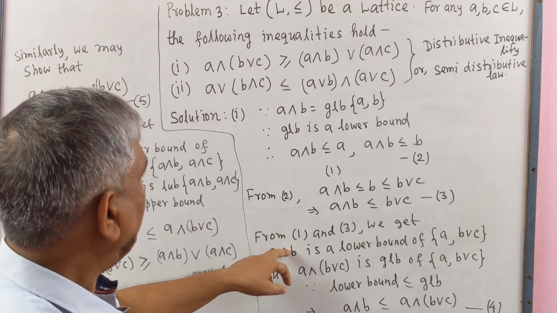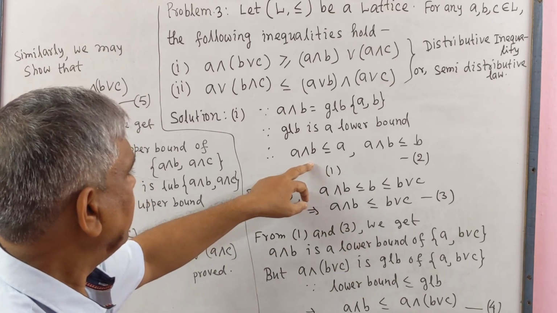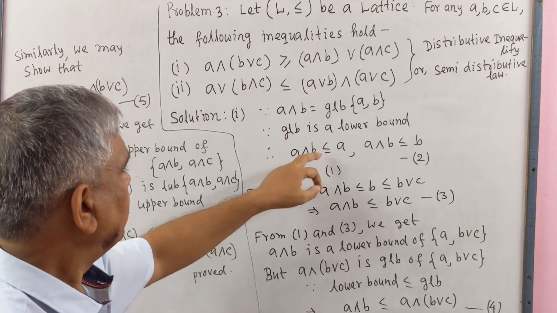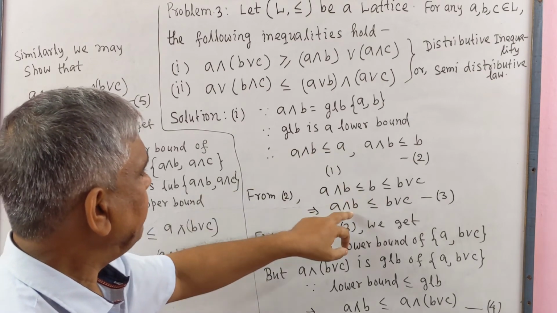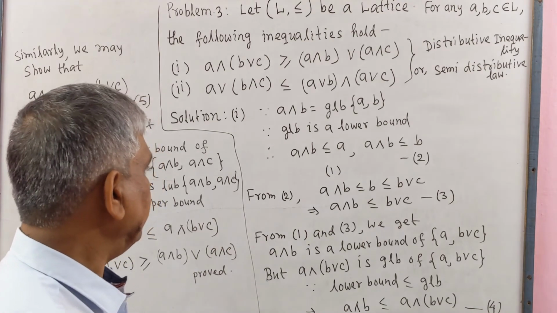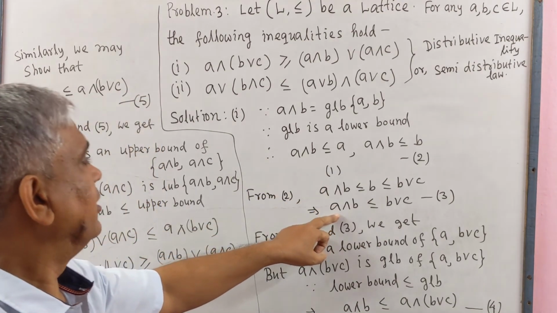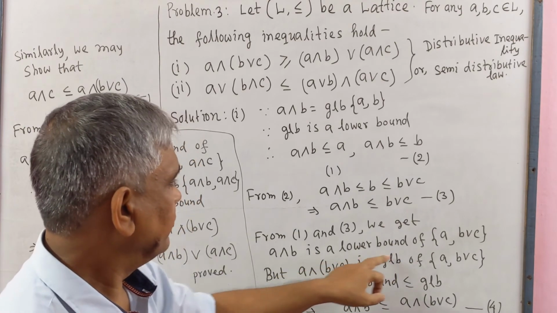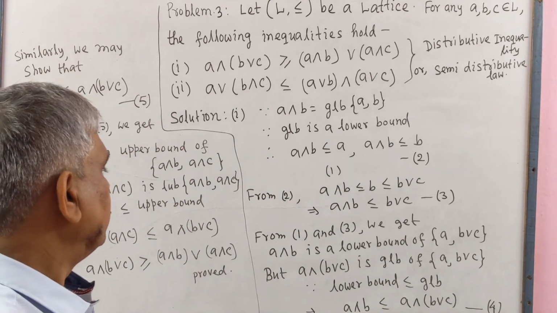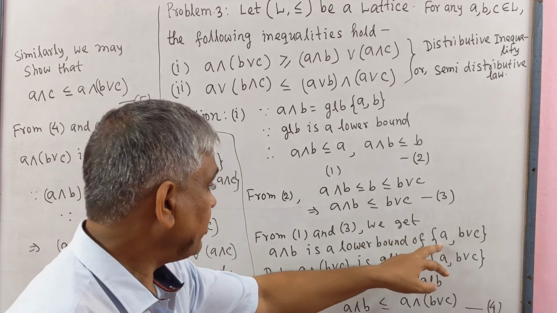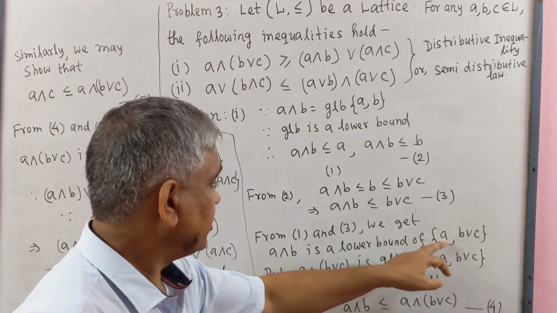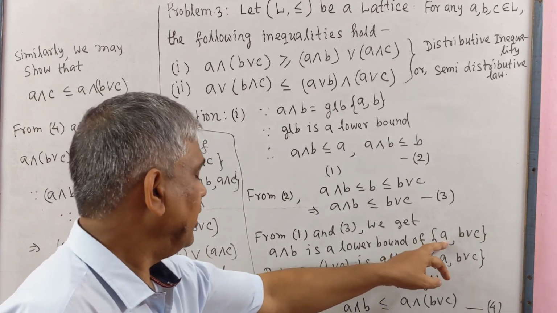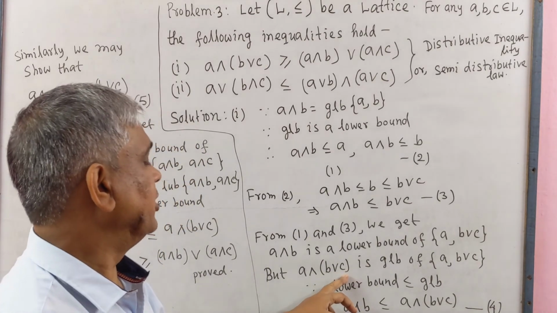From 1 and 3, on the left side we have A ∧ B in both: A ∧ B ≤ A and A ∧ B ≤ B ∨ C. Therefore, A ∧ B is a lower bound of the set containing elements A and B ∨ C. But the greatest lower bound of the elements A and B ∨ C is A ∧ (B ∨ C).